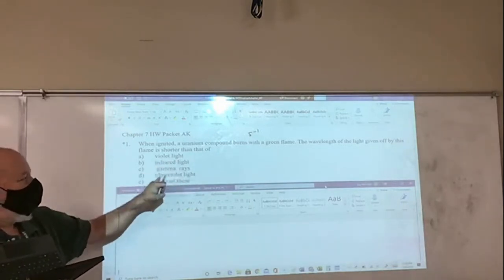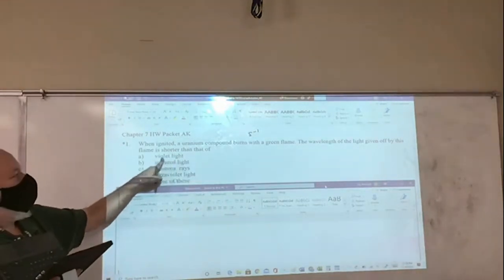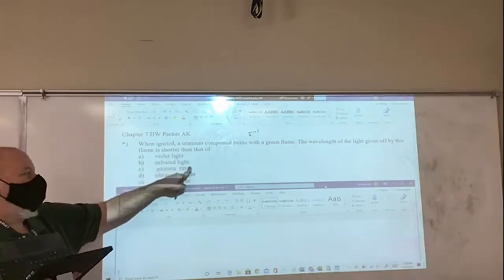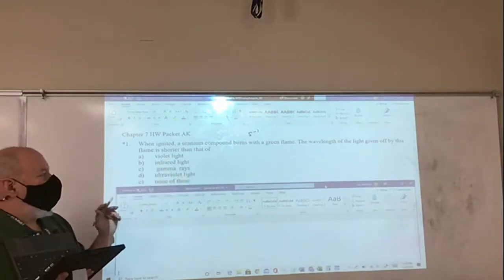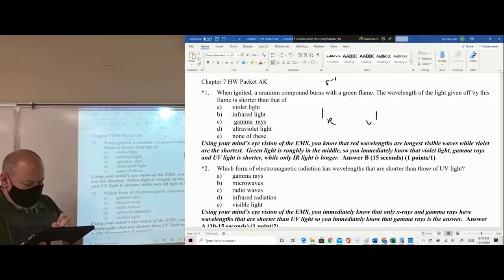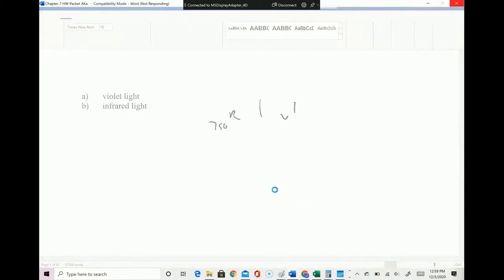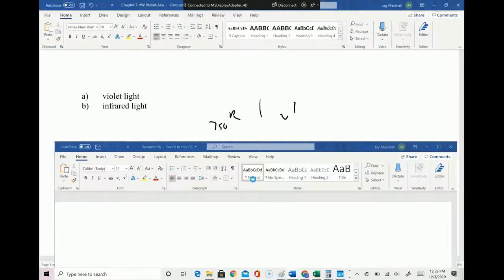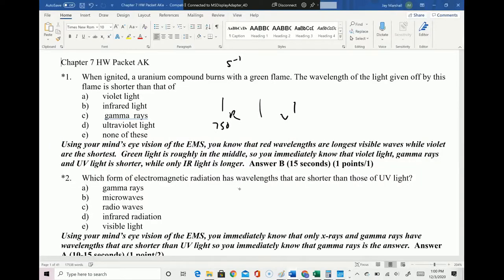Everything else is of a higher wavelength than visible light, right? Well, violet light is higher than green light. Gamma rays are higher than visible light. Ultraviolet's higher than visible light. So the green light, which sits right in the middle of red and violet right here, is going to have to be shorter wavelength than that 750, right?